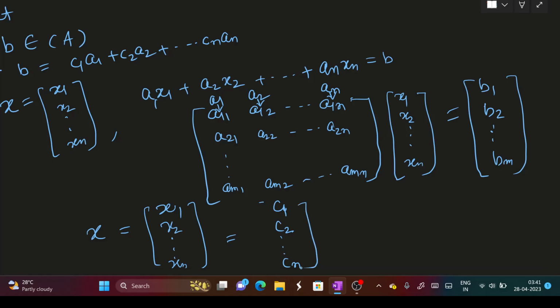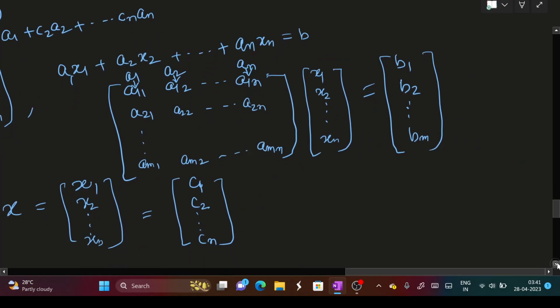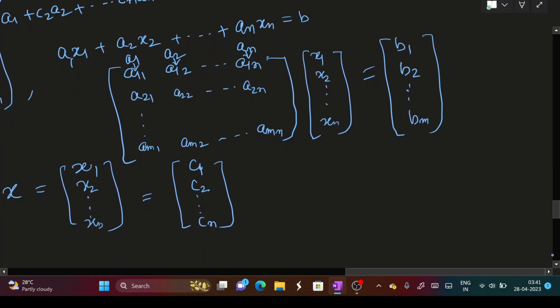That means if B is a linear combination of columns of A, then the scalars which are multiplied with the different columns to get the linear combination, those coefficients are my variables or unknown variables, the solution vector. They constitute the solution vector. So here B is a linear combination, implied it is a solution.